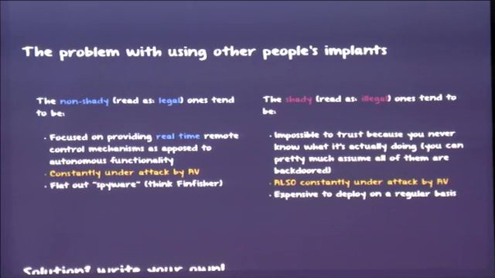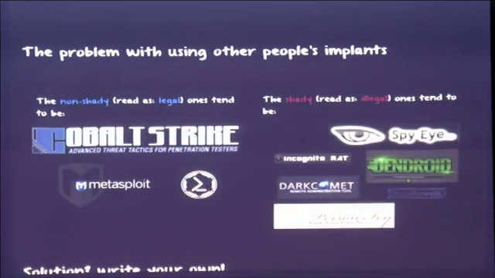Both of them suffer from the problem that AV usually has access to both, and that's pretty much all they do all the time, is try to make them not work. So having your own would be nice. So these are just some examples, in case the categories weren't clear, of stuff in both categories.